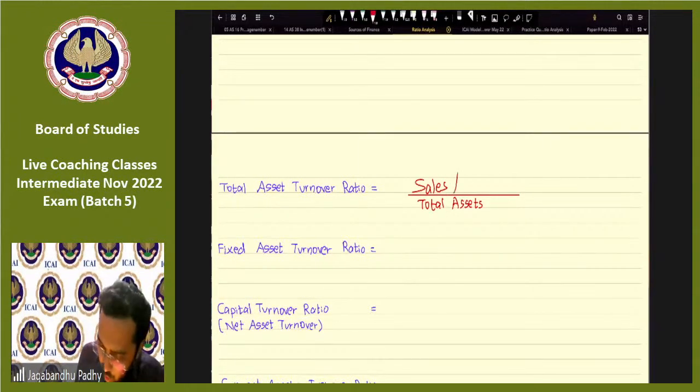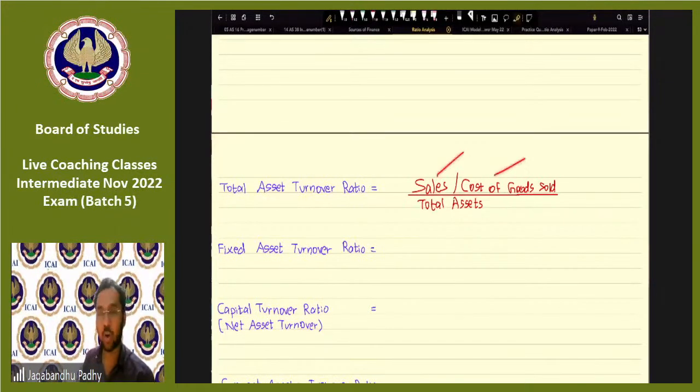So we say sales or cost of goods sold. Sales or COGS. We can take either of them. I can take sales or I can even take the COGS depending on what information is available. Total assets. This indicates how efficiently I'm utilizing my total assets.